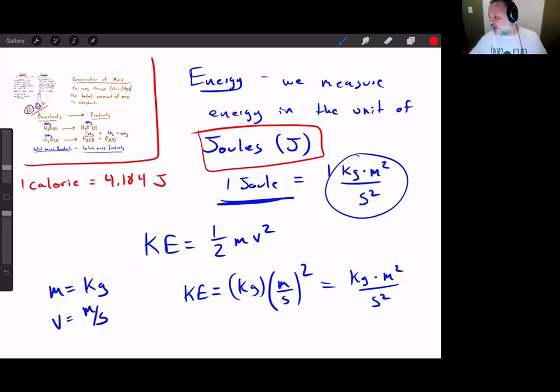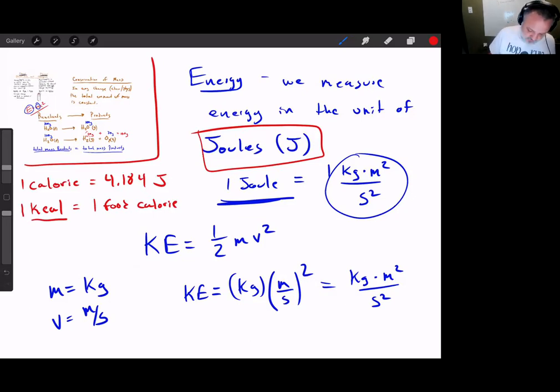Where else have you heard calories from? Yeah, food items. But a food item is actually a kilocalorie. That is 1 food calorie. And so we call it kcal.